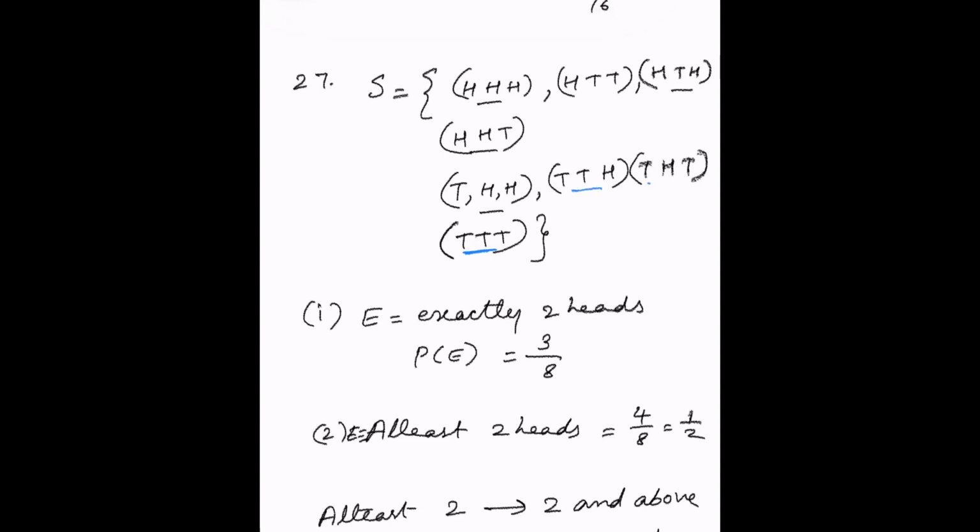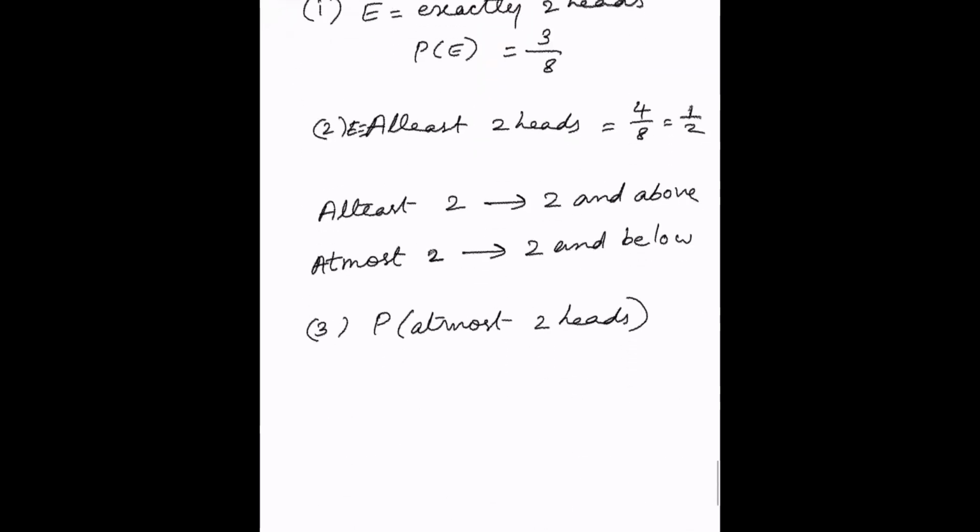Then you have this, this, this, this, this, all except HHH. That is at most 2. Understood? All except HHH. So it's going to 7 by 8, right? Yes, that's why I said all except HHH, which is 7 by 8.